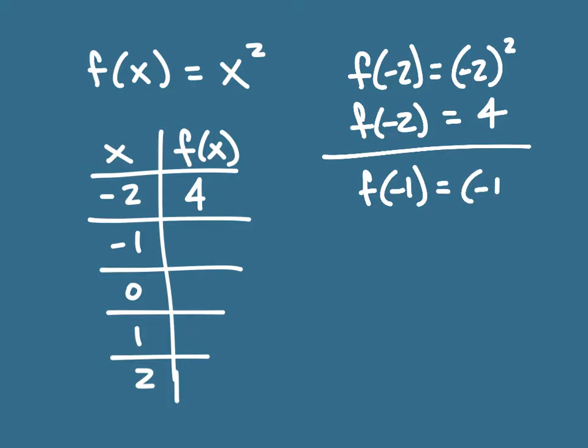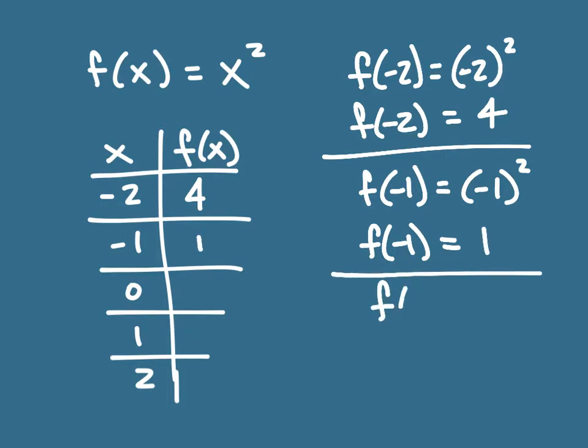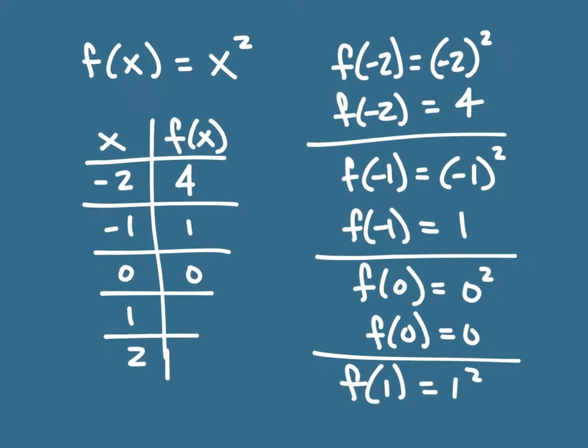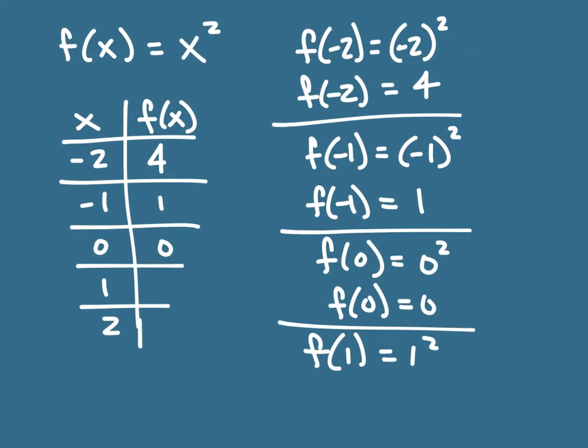So if we take -1 and we square that, -1 times -1 gives us +1. Okay. If we plug in 0 into our function, we get 0 squared. 0 times 0 is just going to give us 0. All right. If we plug in 1, 1 squared means that we're just going to have 1. 1 times 1 is 1.